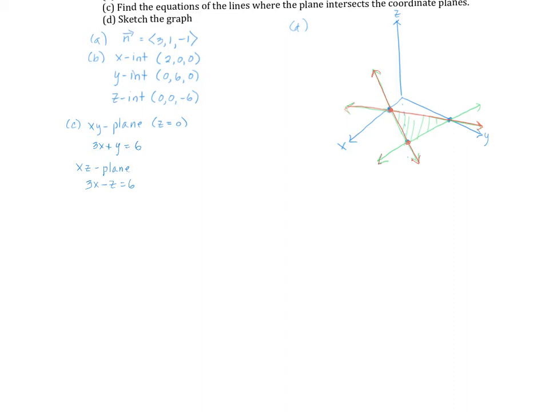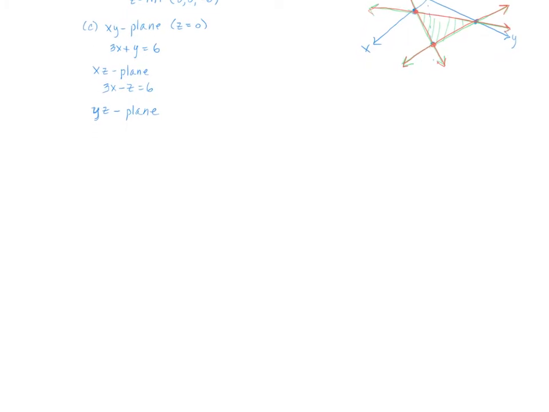And then last, I'm going to be looking at the z and the y. Actually, I like y first because it's alphabetical. YZ plane. So if we look at the line that passes through our YZ plane, we simply set x equal to 0, and we have the equation y minus z equal to 6.